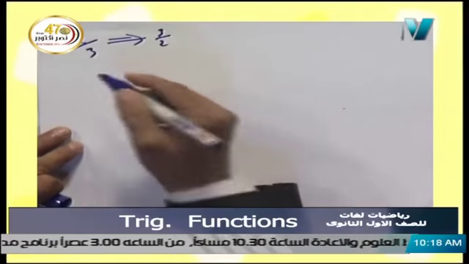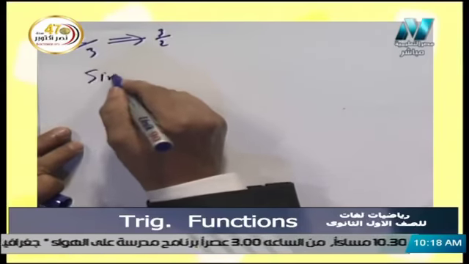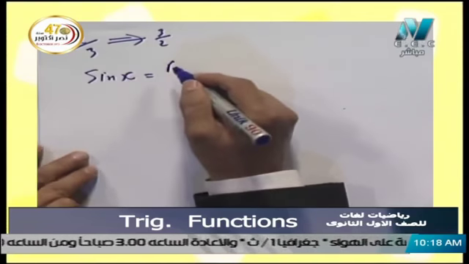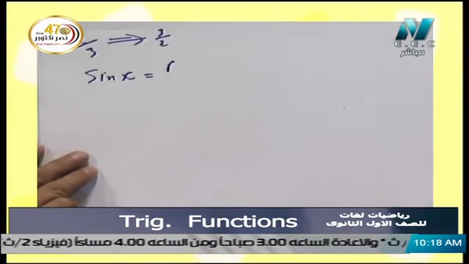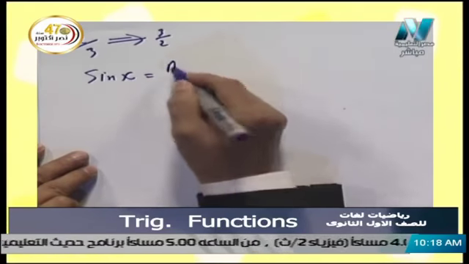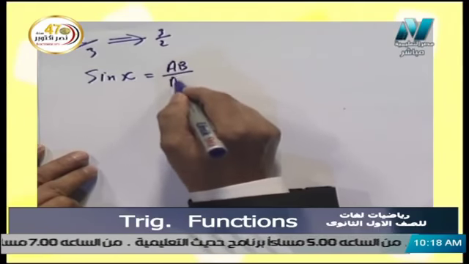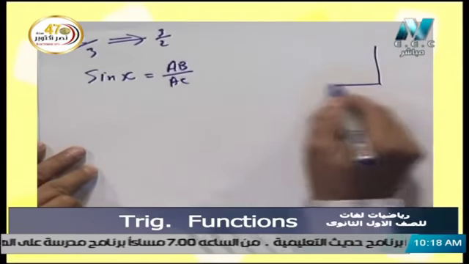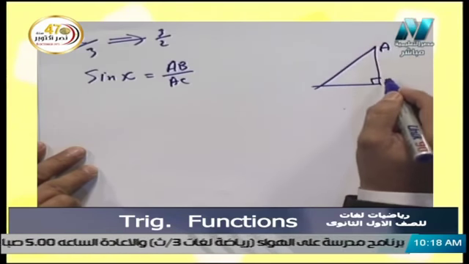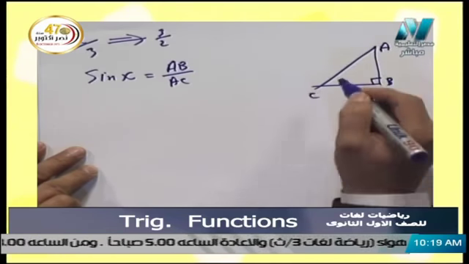So if we have sine x equals, as we said before, AB over AC in the right angle triangle ABC, and let's call this angle x.